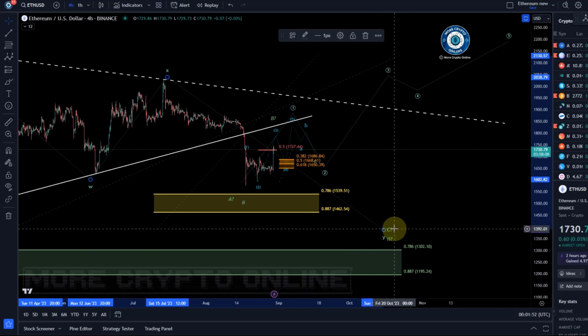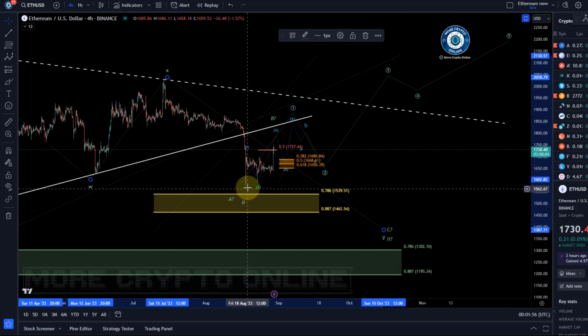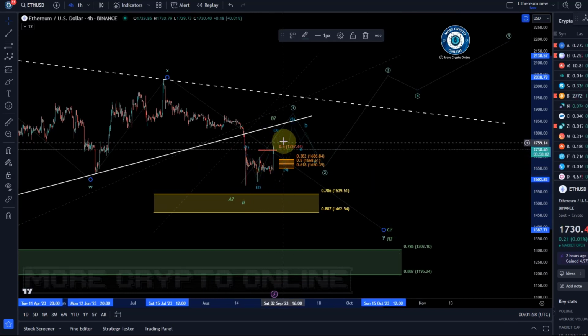This is lower than what we anticipated before, but that is because of the assumption it would have to be a B wave if 1650 breaks. So as long as the 1650 level is holding, the blue wave count has a chance. Below that level, it still has a chance, but it reduces drastically.